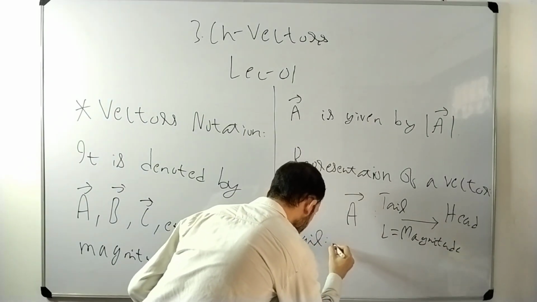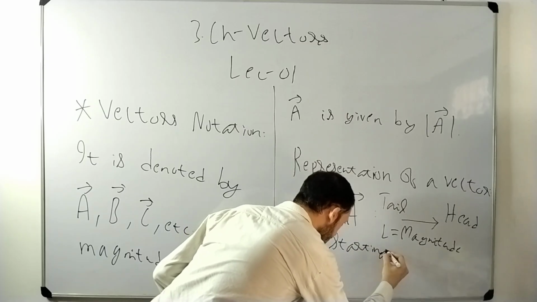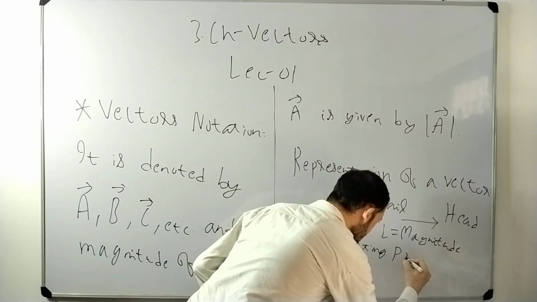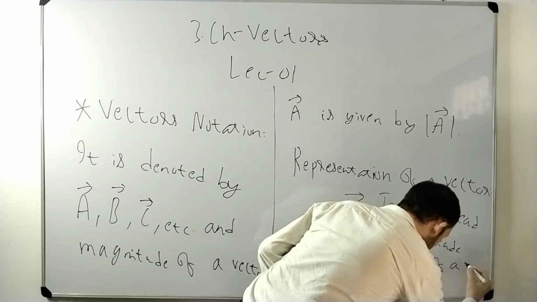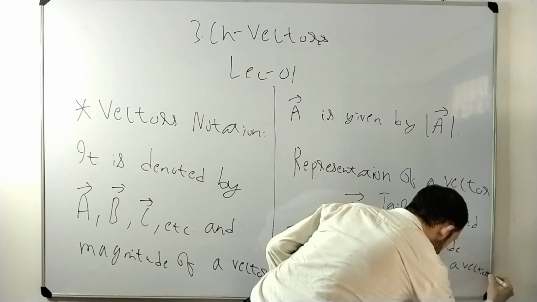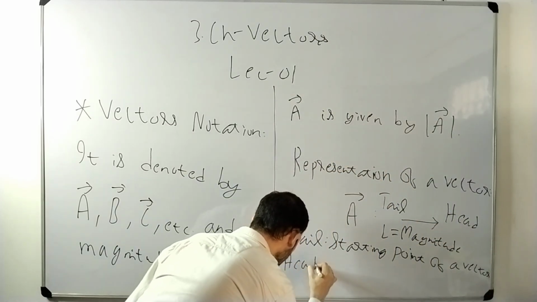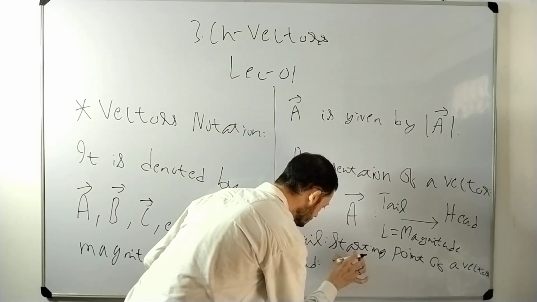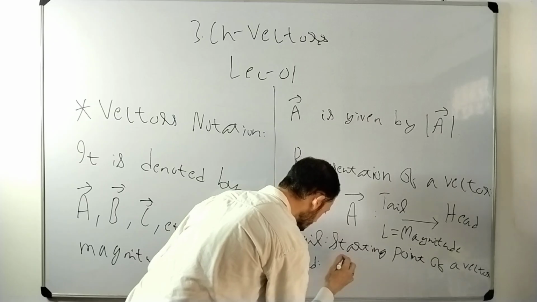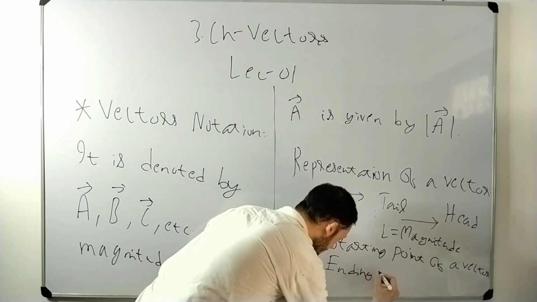What is the tail, students? Yes, the starting point of a vector, always the starting point of a vector. Second, what is the head, students? Not the starting point but the ending point. Yes, very nice, students: the ending point of a vector.